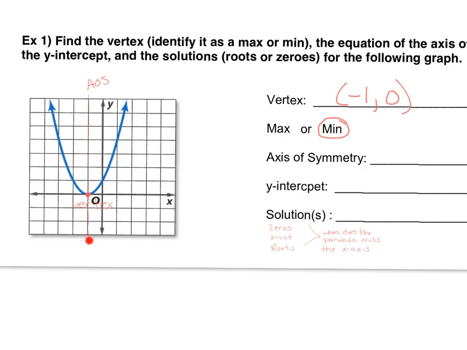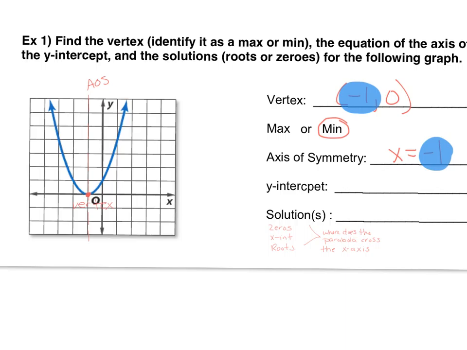Where is it cut in half? In this case, it's cut in half at -1. It's an equation of a line, so it's x equals -1. Keep in mind, whatever your x value is for the vertex, you better have that same x value for your axis of symmetry. Those will always be the same.